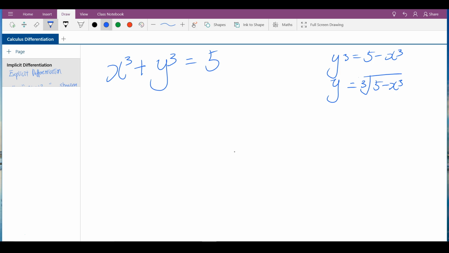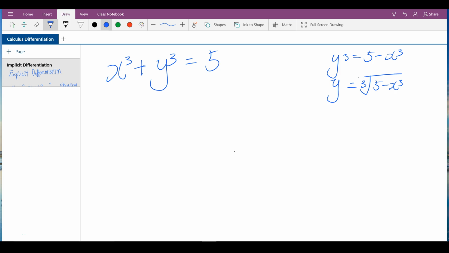Of course you could, and we are going to do that. We're going to differentiate this particular equation both ways, implicitly and explicitly, just to show you that they are the same, and you can decide whichever is simpler for you.